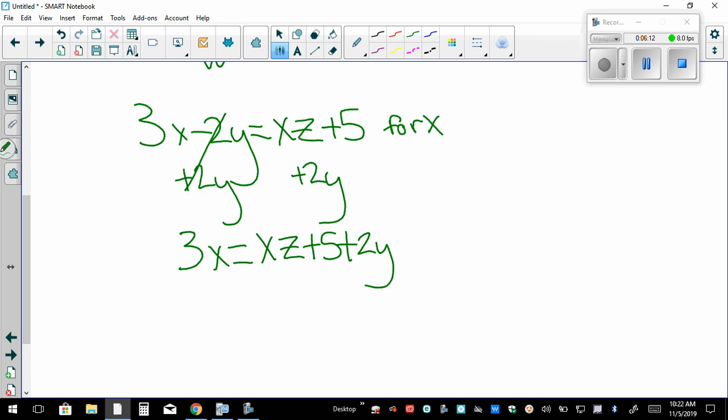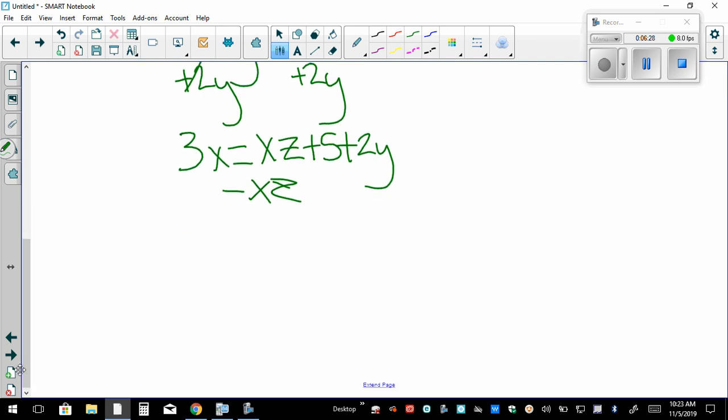Then you're going to take away xz. This is kind of confusing because you might ask why you are taking away the x. It's because we want all the x terms on this side. Does that make sense, Malia? It's x times z.